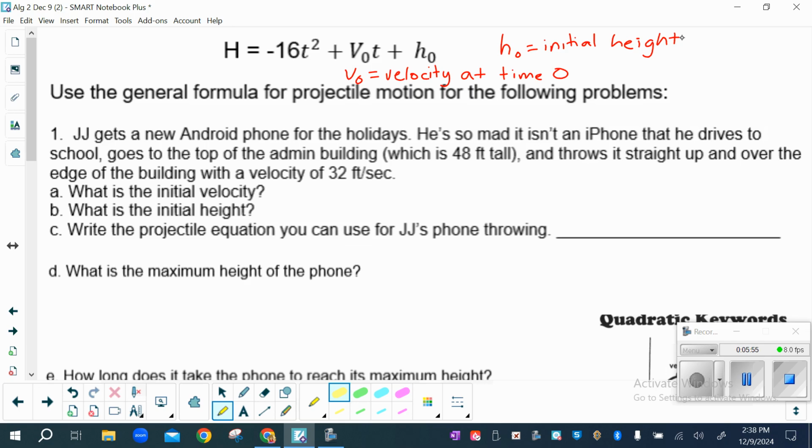So we're just reading in this problem, what is the initial velocity? 32 feet per second. It's right there in the problem. 32 feet per second. So what's the initial height? 48 feet.